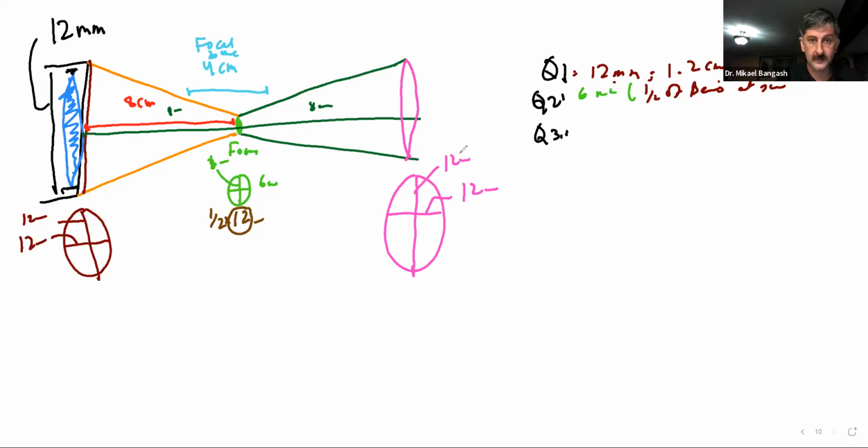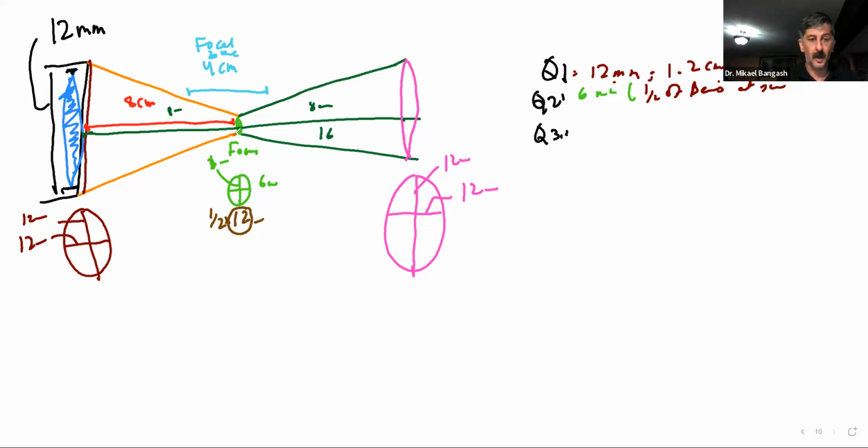Because this total of 16 centimeters here is twice your focal depth, it's just going to be the same diameter as it was at the beginning. For the focal depth, the beam converges, it narrows down to half.